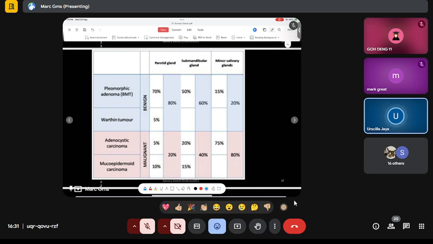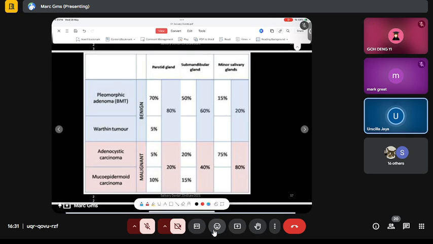So this is basically it. Your benign tumor is most common in your parotid gland. The commonest is your pleomorphic adenoma, followed by your Warthin's in your parotid gland.